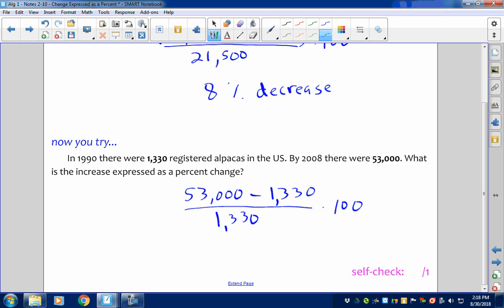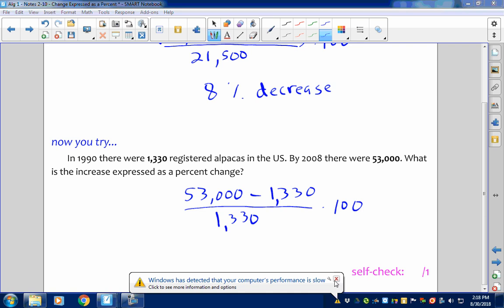Shouldn't it be the other way around? No, it's actually fine in this case. You can always do the bigger number minus the smaller. If you do it the other way around, you'll get a negative, which would be appropriate for a percent decrease. This is a percent increase, so this is the correct way.